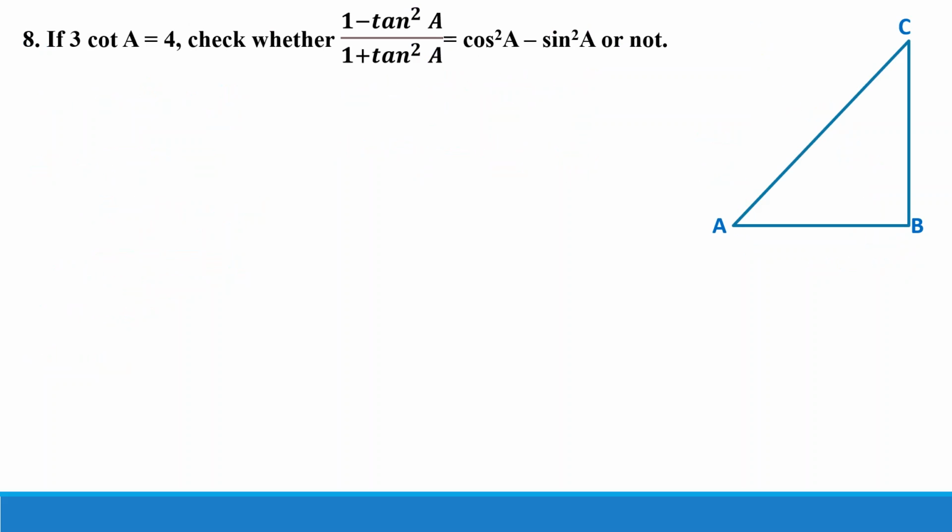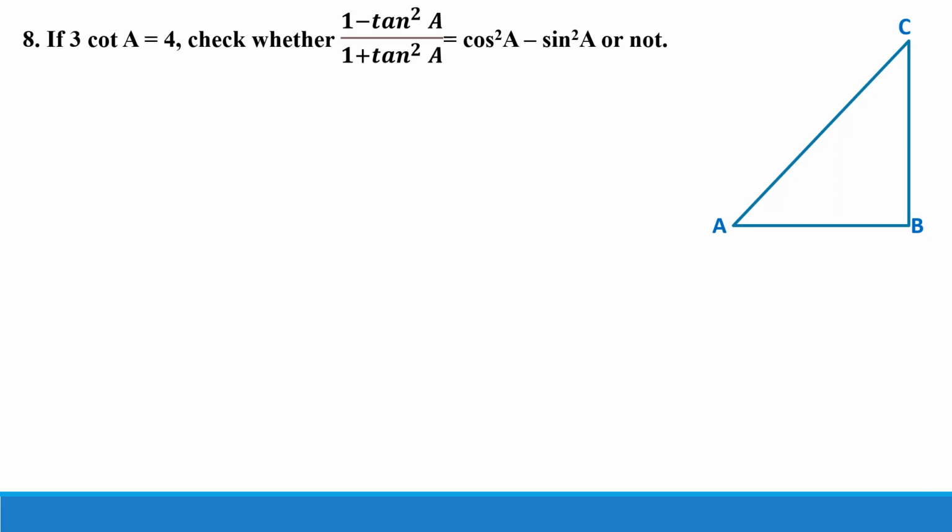We took this question over here. It says if 3 cot A is equal to 4, then check whether (1 minus tan square A) upon (1 plus tan square A) is equal to cos square A minus sine square A or not.